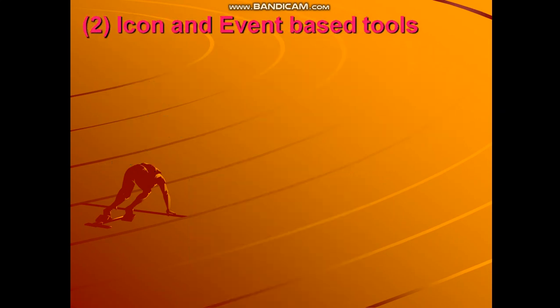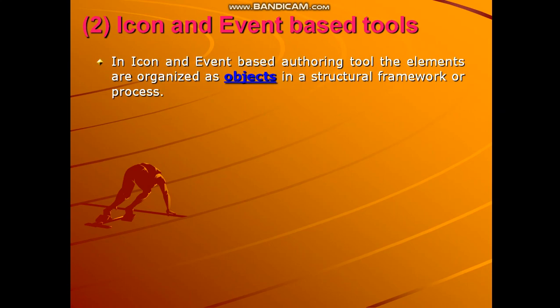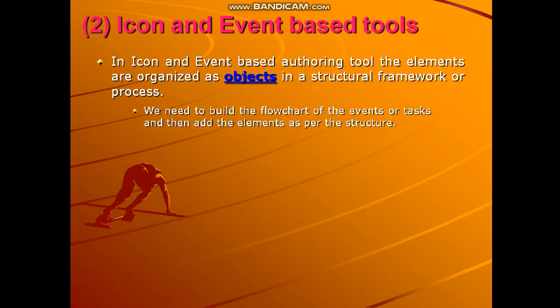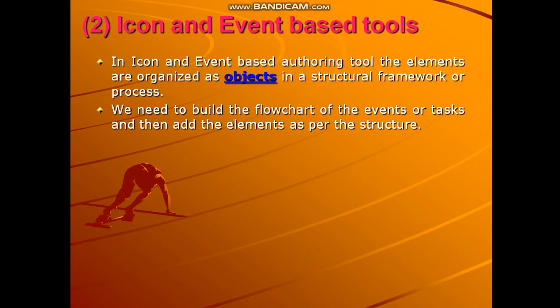Well, the other is icon and event based tool. In icon and event based authoring tool, the elements are organized as objects in a structural framework or process. We need to build the flowchart of the events or tasks and then add the elements as per the structure.